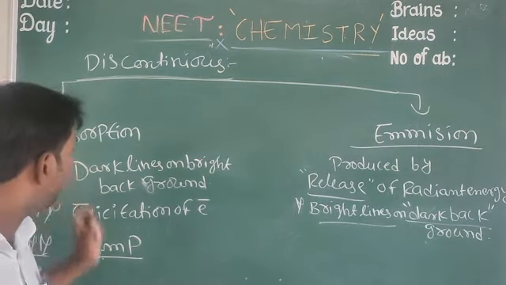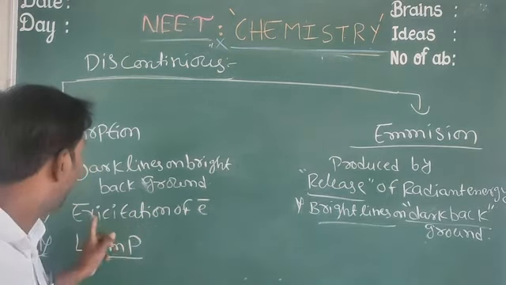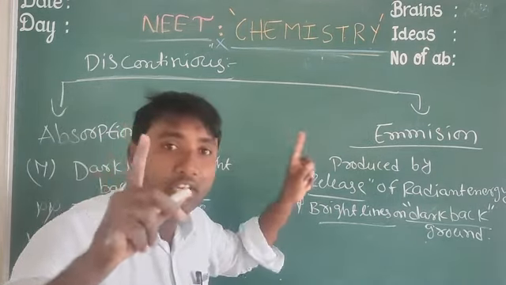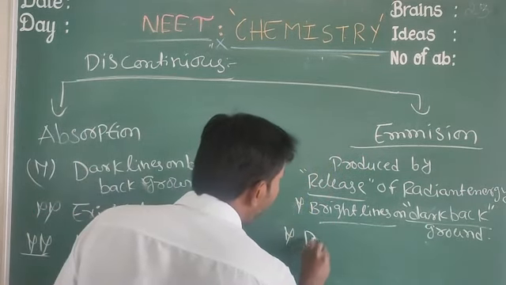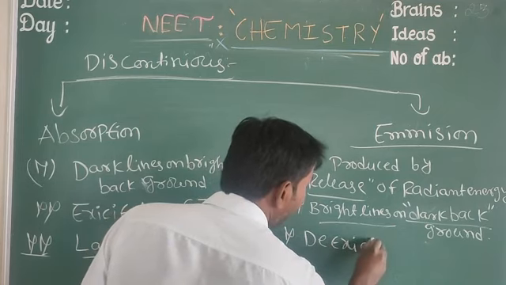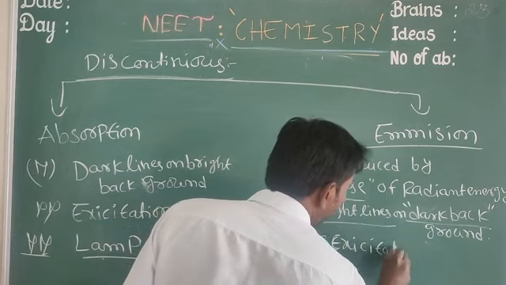Next, absorption spectrum is produced due to excitation of electrons, but emission spectrum is produced due to de-excitation of electrons.